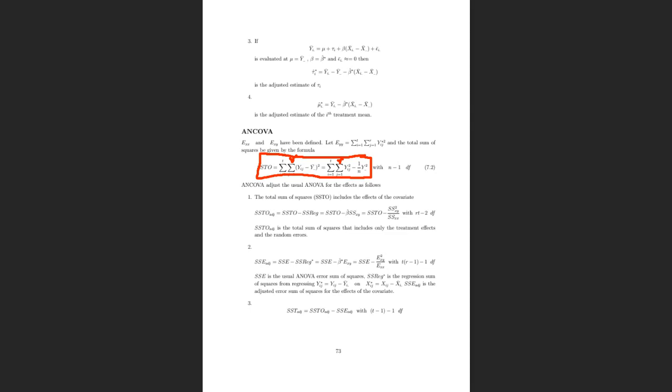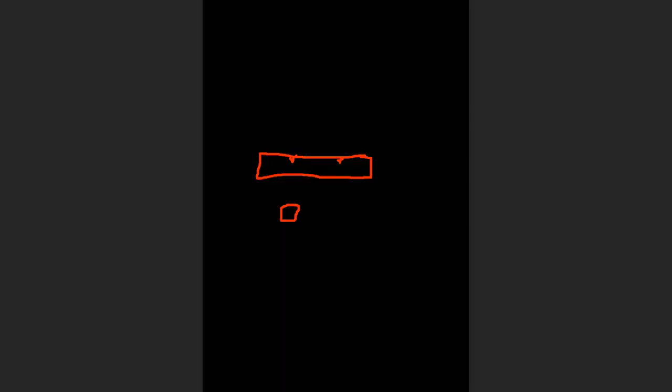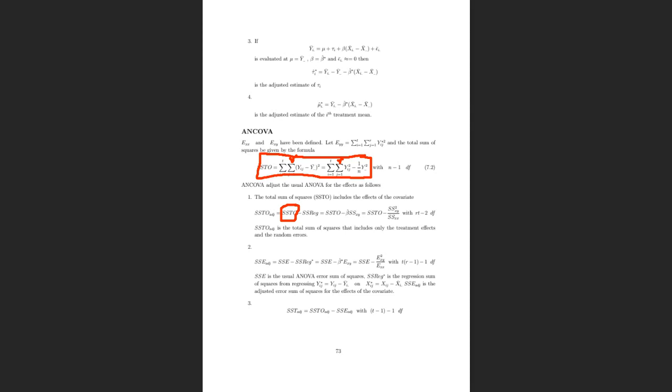So if you can check now, you have SSTO. To find SSTO adjusted, you need the SSTO that you have now, minus SS regression.